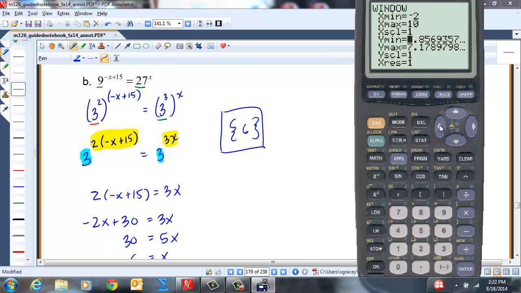So the y minimum, let's do y minimum at -1. And the y maximum, it's going to be a pretty big number, I believe, because 27 to the 6 is going to be really large. So let's just do like 1 and make our scale like 100, I guess, for y. Let's see what that looks like.